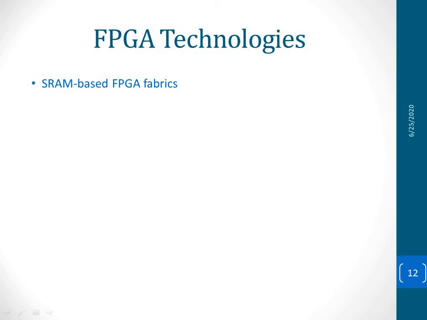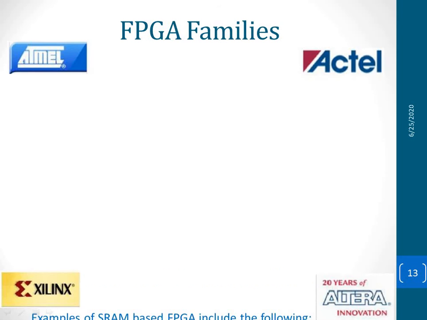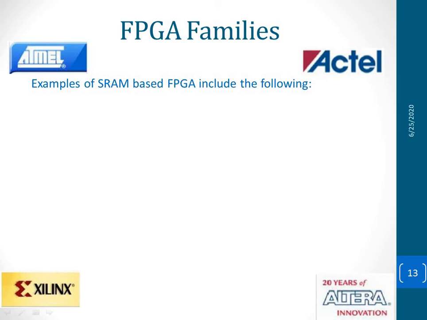FPGA technologies are SRAM based FPGA fabrics, from vendors Xilinx as well as Altera, anti-fuse based FPGA fabrics from the vendor Actel, and flash based FPGAs, again from Actel. So you can see Atmel, Actel, Xilinx and Altera are some of the vendors or the FPGA families who have manufactured these FPGAs.